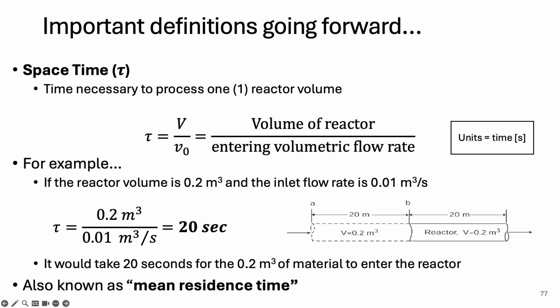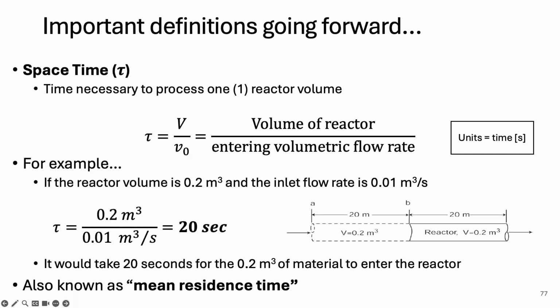So a couple more definitions that are going to be useful going forward. In addition to conversion, another parameter we like to consider is space-time. We calculate space-time, which we call tau, as the ratio of the volume of the reactor over the entering volumetric flow rate. So it's a way of normalizing our process to make it somewhat scale agnostic.